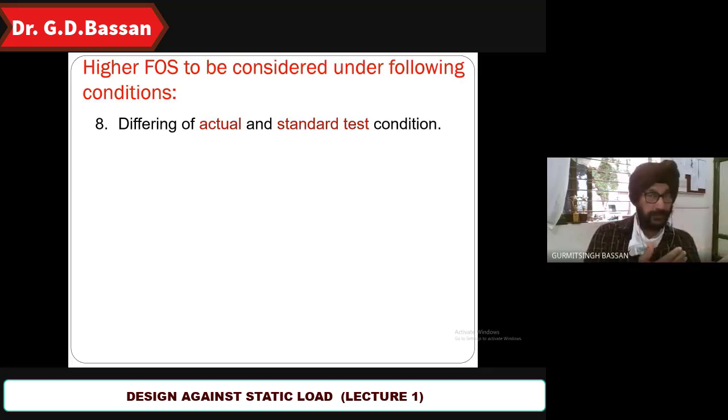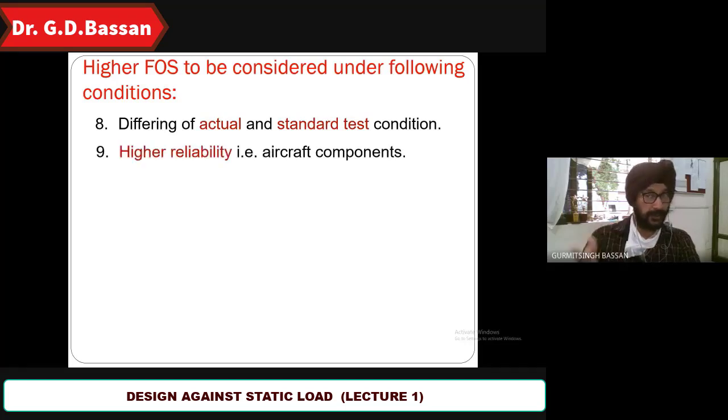In certain cases, we can have the test conditions also before implementing into the operation. So if there is a difference between the actual and the standard test condition, then we have to consider the higher factor of safety. Then the higher reliability, say aircraft or any components which require higher reliability.